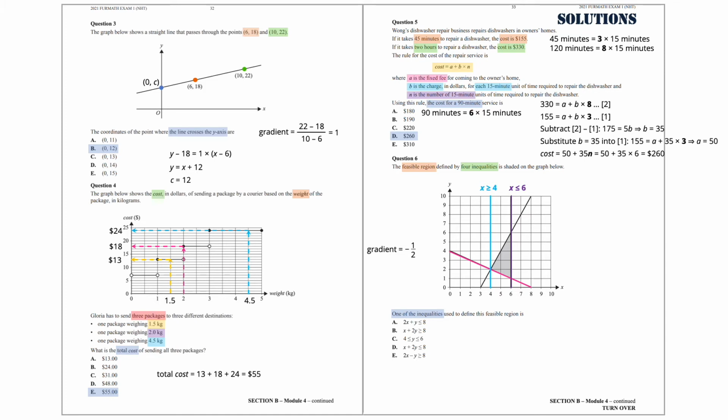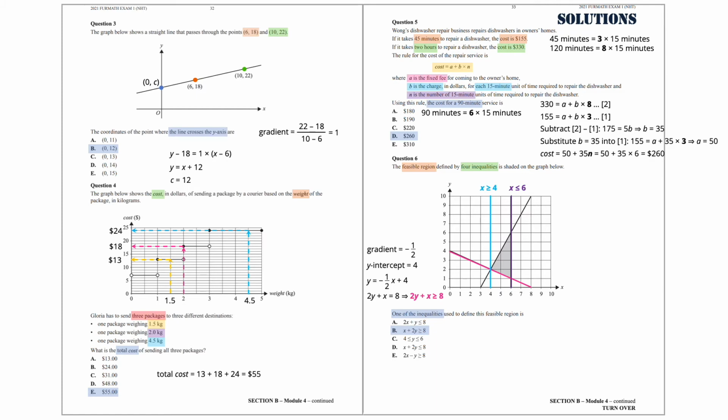Now let's determine the equation of one of the lines. The gradient of the line that starts at y equals 4 has a gradient of negative a half and a y-intercept at 4. Therefore, the equation of this line is y equals negative a half x plus 4.